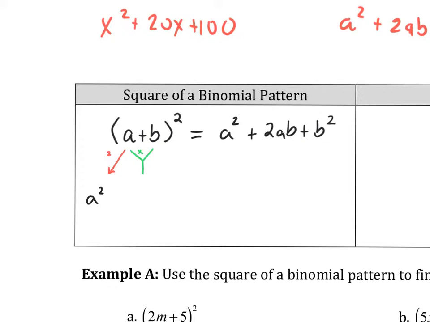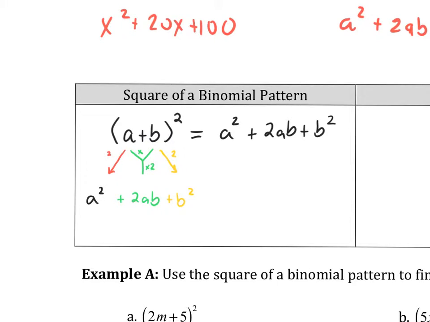So first you multiply them, and then you double it. So here we get 2ab. And the last thing you do is you square the b, which gives you b squared. So if you notice, it's sort of this M pattern here. Square the first thing, multiply and double to get this guy, and square that.